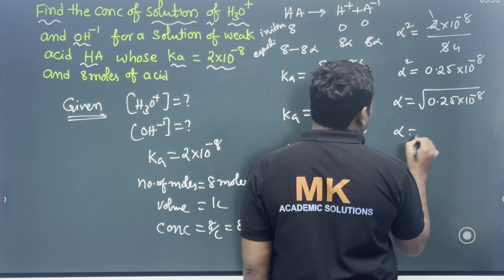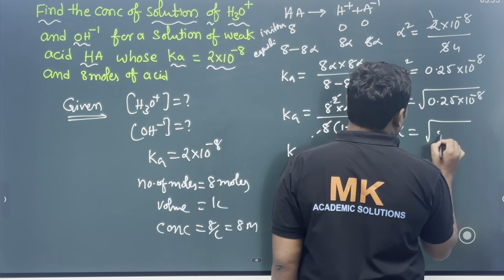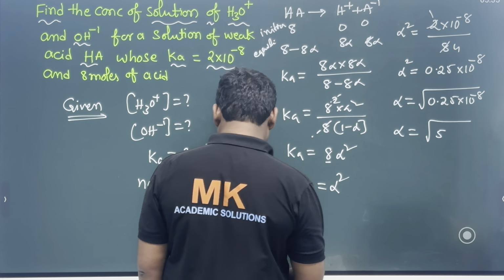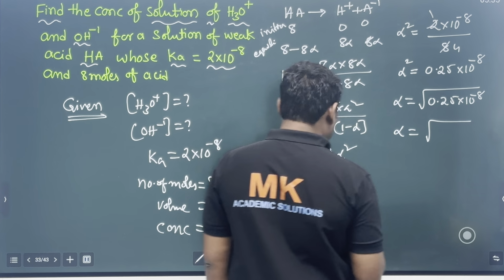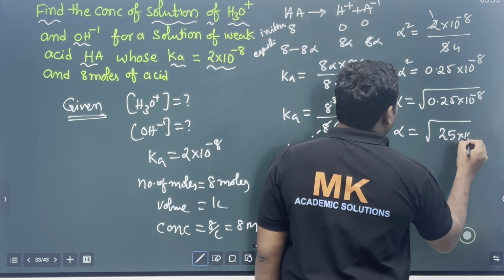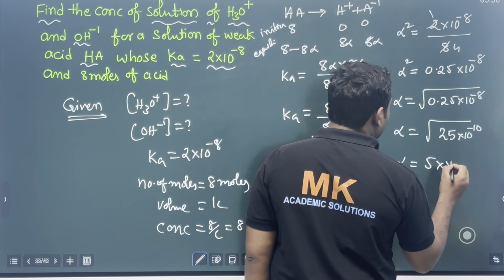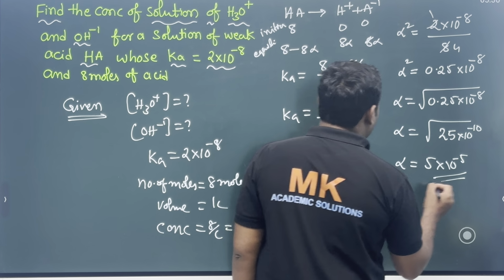Or else alpha is equal to the square root of 25 into 10 to the power of minus 10. Therefore alpha is equal to 5 into 10 to the power of minus 5. This is the alpha value.